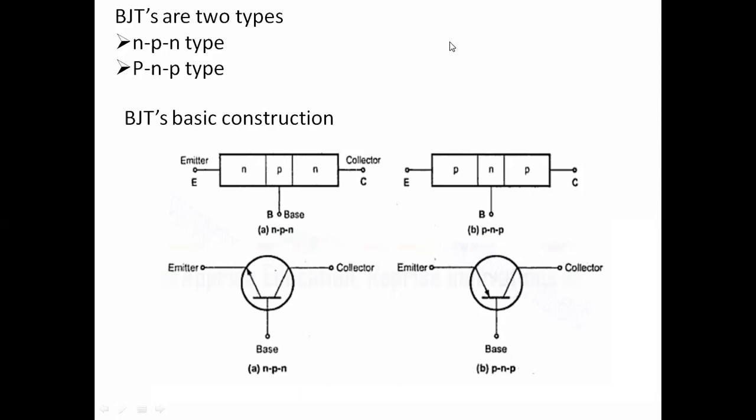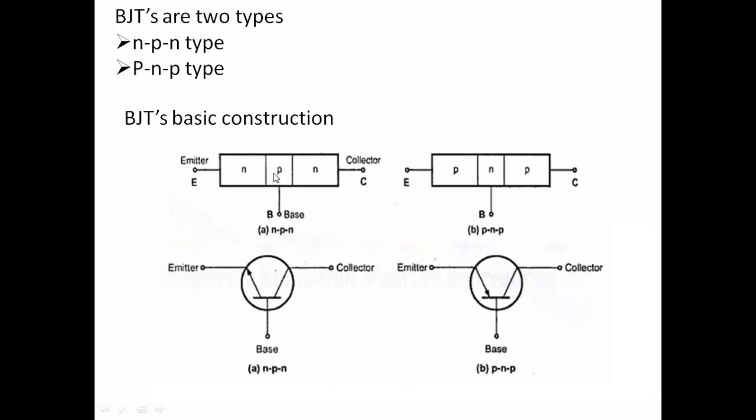If you consider the N-type semiconductor material, it is heavily doped. It means more impurities will be doped in the pure semiconductor. That's why the concentration of electrons will be higher in the N type.